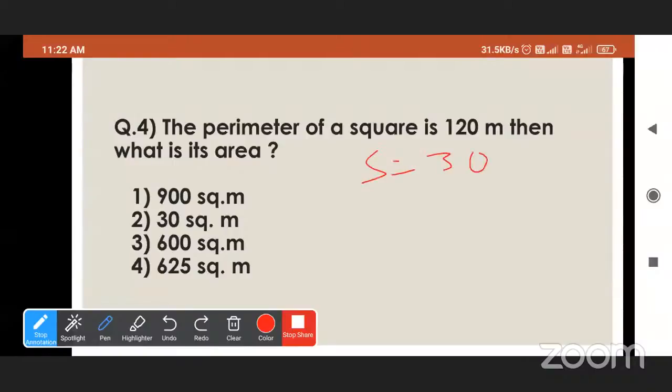So what is the area of that square? The area of a square is S multiplied by S. So if we multiply 30 by 30, what is the answer?